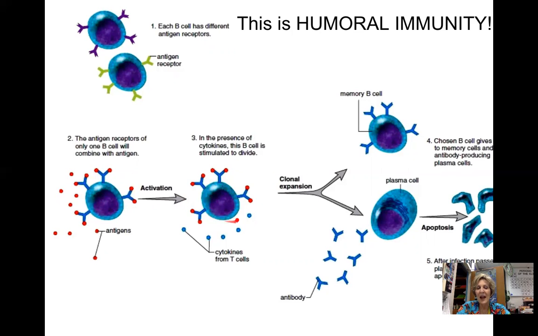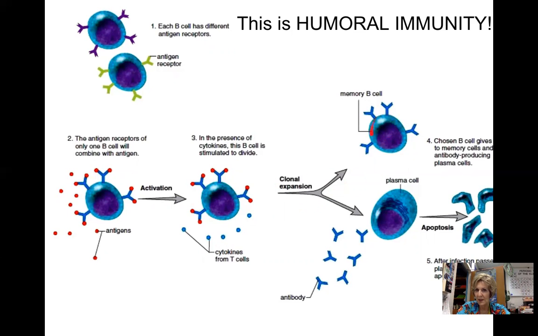They become activated, and the B cell then spits out a bunch of cytokines, which are going to activate other B cells that are similar to it, and it also makes the cell go through this clonal expansion. That just means making clones of itself.